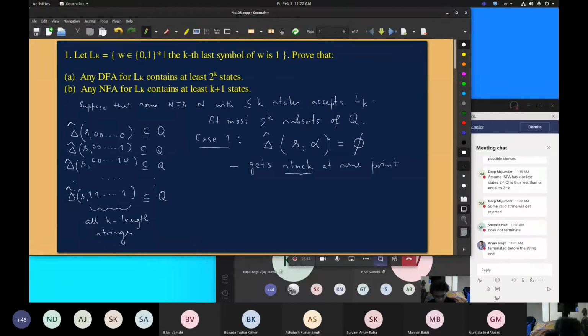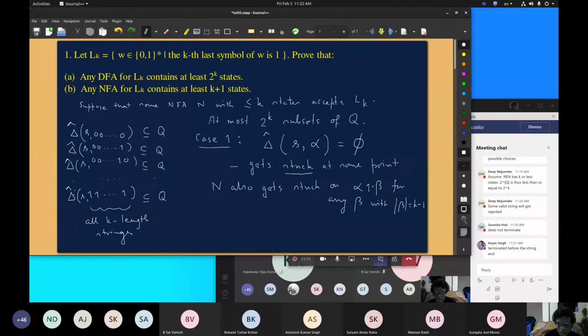So in particular, N also gets stuck on any string of the form alpha followed by 1 and any string you take of length k minus 1. Maybe it's 1 power k minus 1, 0 power k minus 1, anything.